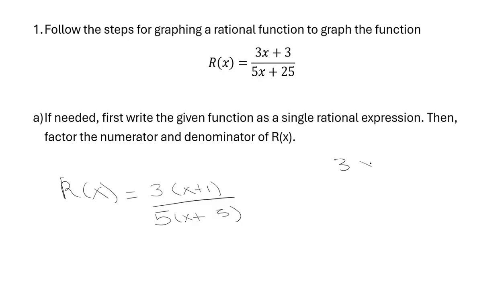Because 3x plus 3 both have a GCF of 3, so that's x plus 1, and 5x plus 25 both have a GCF of 5, so that is 5 times (x plus 5).